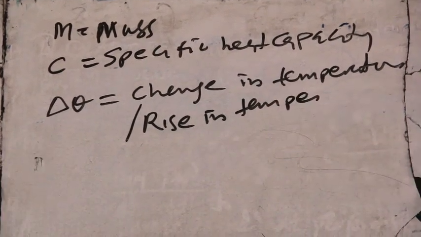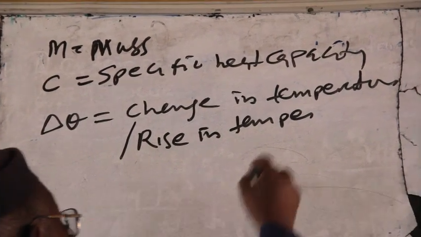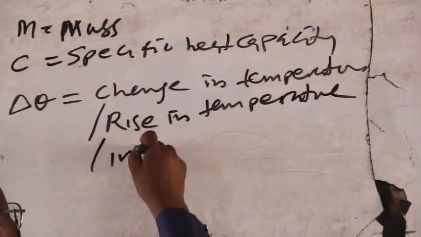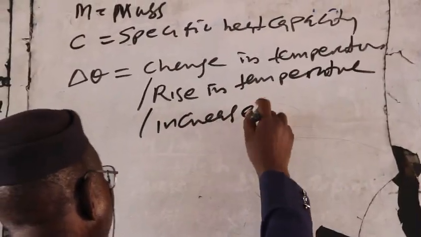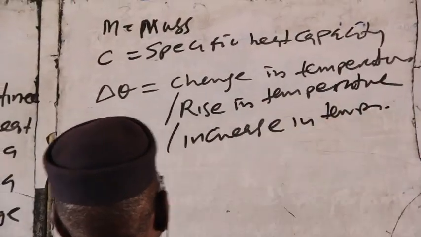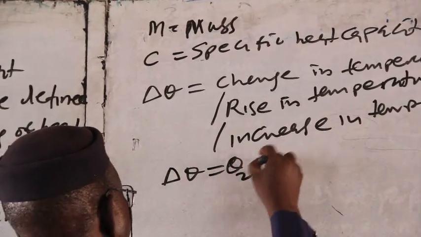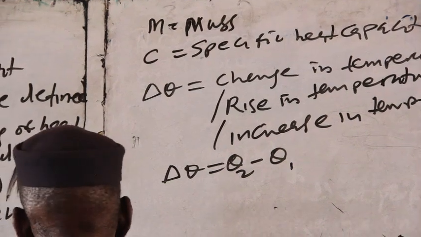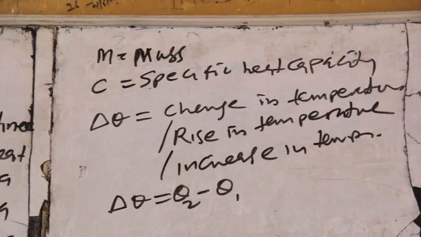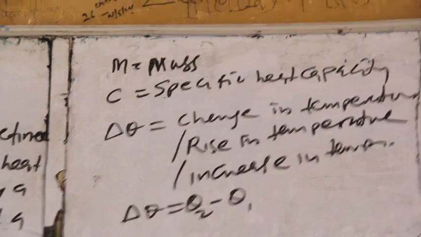To use rise, it can be rise or fall, depending on what you are doing. I've explained that to you, you should understand. If I say increase, it could be increase or decrease in temperature, which can also be expressed as theta 2 minus theta 1, as shown in heat capacity. The only difference between specific heat capacity and thermal capacity is the mass.